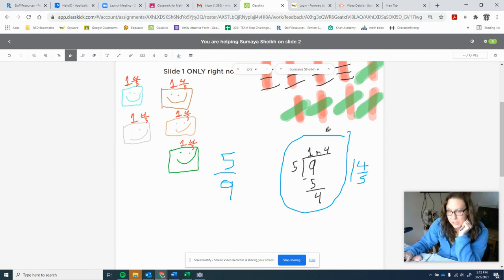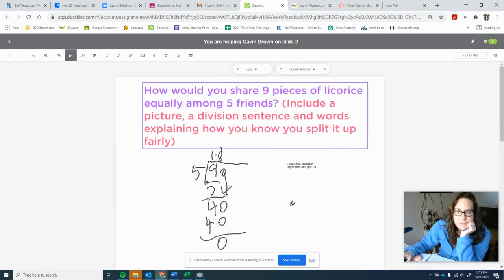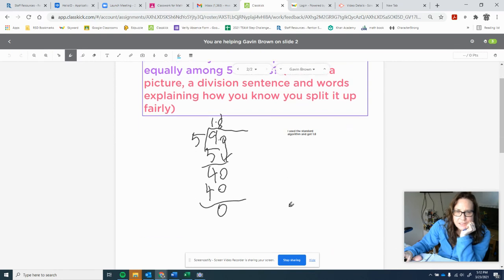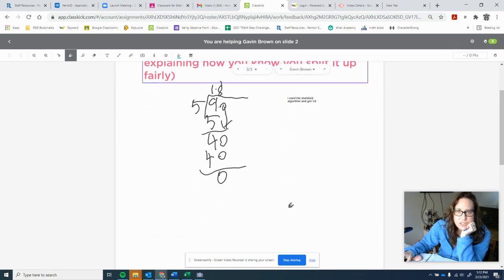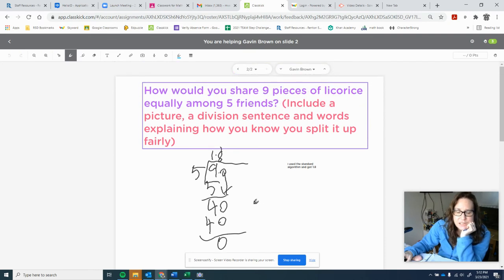And the last one I wanted to share was Gavin. Where are you, Gavin? There you are. Okay. So Gavin decided to change it into a decimal. I thought that was interesting, changing it into a decimal. So again, the division method. So 5 goes into 9 how many times?